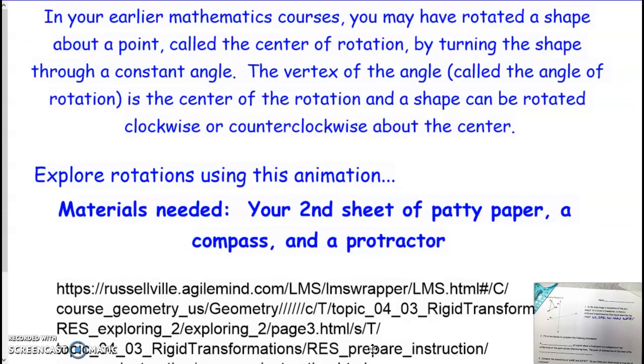All right, so now this is where we need our other piece of patty paper, and we will follow along with the animation.